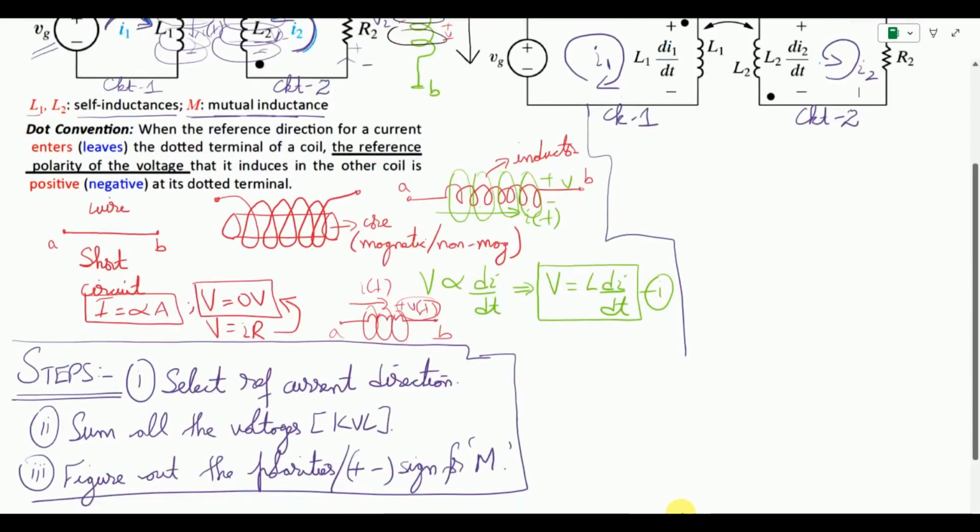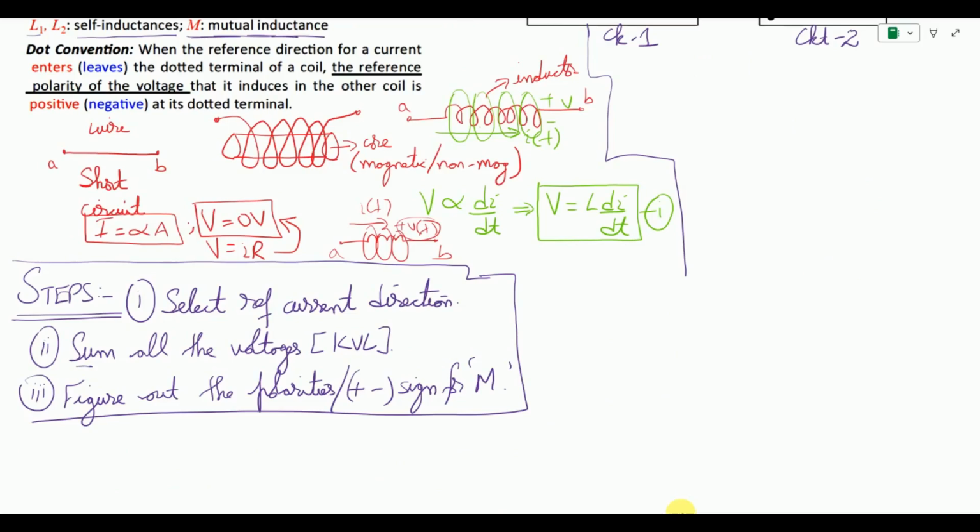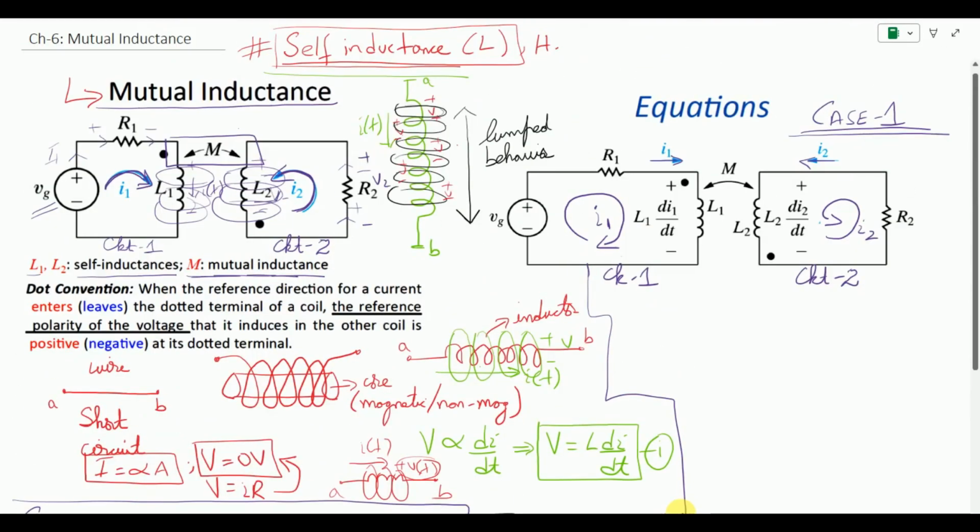The second step is we need to sum all the voltages, which means apply KVL. So let us talk about loop 1 on our left. What we normally do when we apply KVL, first we need to identify what is going to be the positive and negative sign for the voltages.